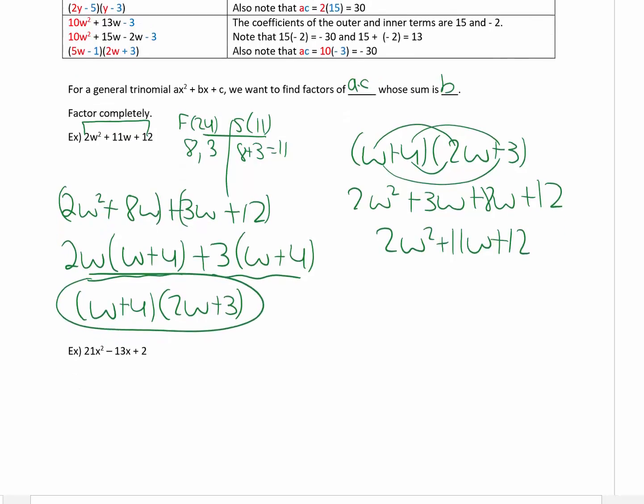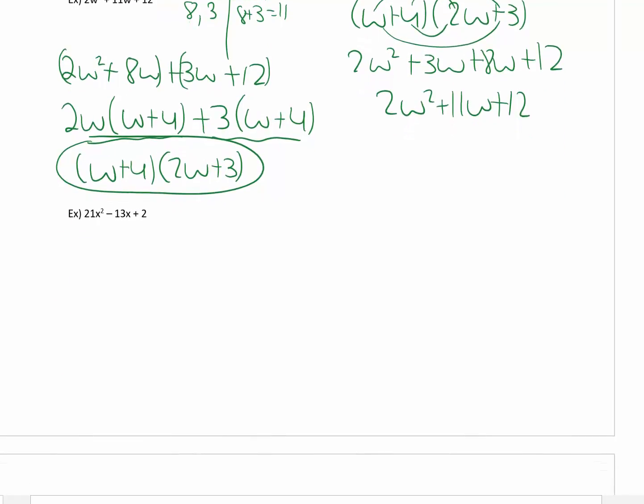Okay, let's take a look at the next example. First off, is there a greatest common factor I can take out of all the terms other than 1? In this case, no. The leading coefficient is not 1. So I want to find factors of 21 times 2, which is 42, whose sum is negative 13.